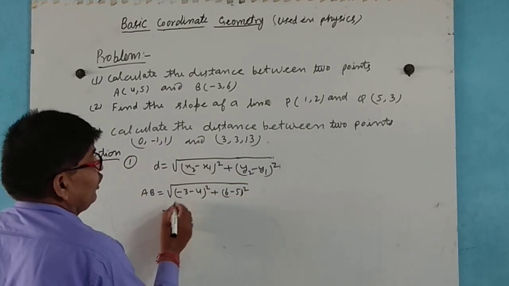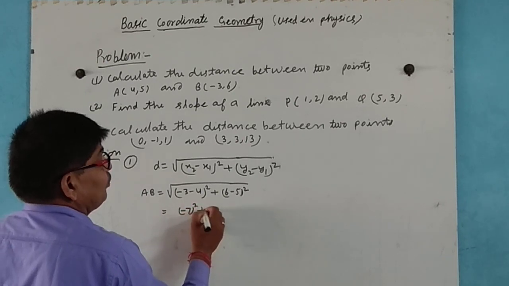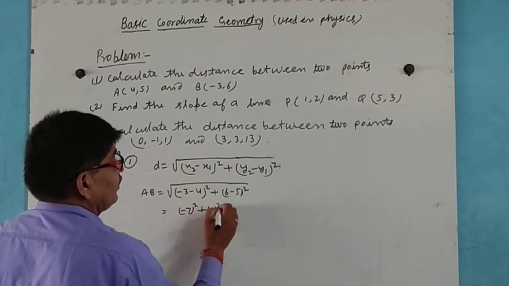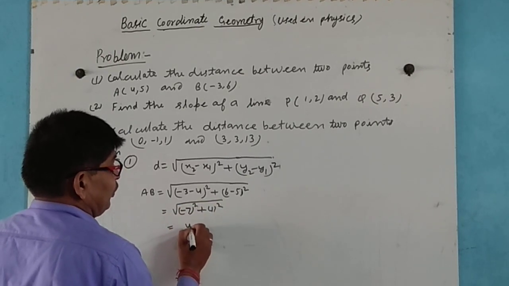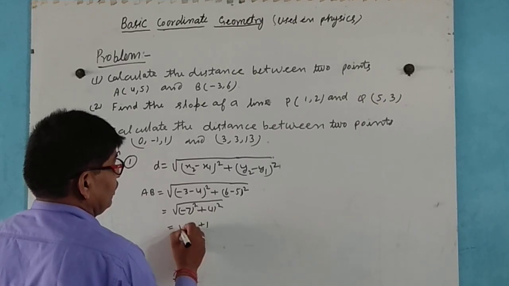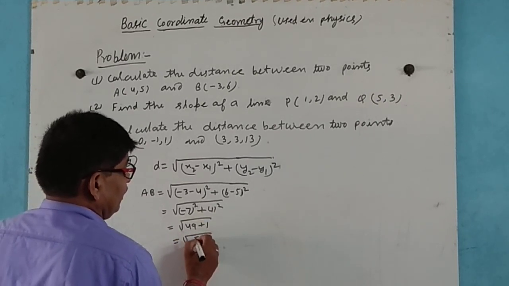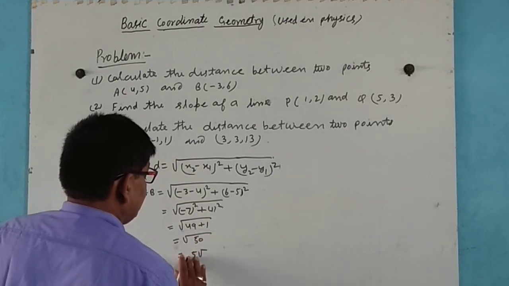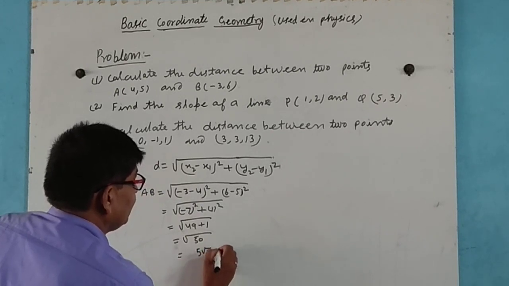Here minus 3 minus 4 is minus 7 square plus 6 minus 5 is 1 square. This is 49 plus 1, under root 50. This can be written as 5 root 2 unit.